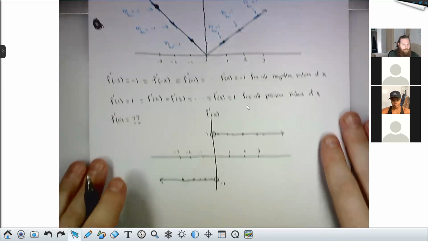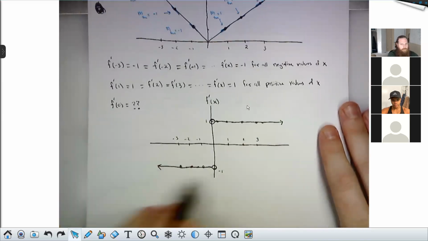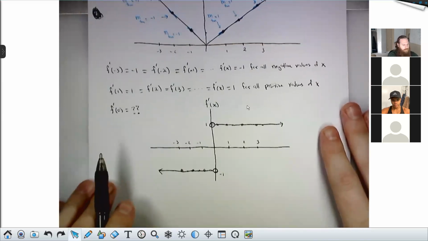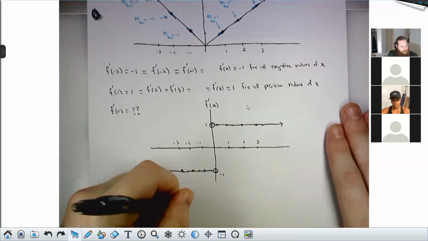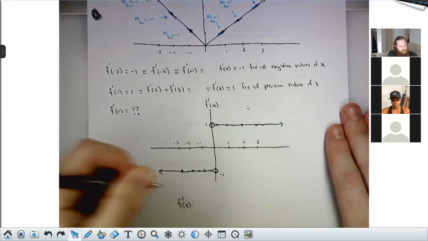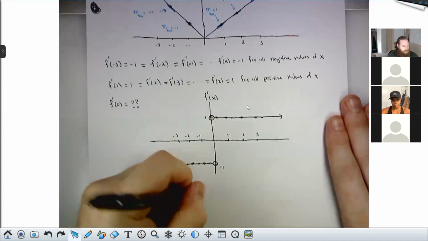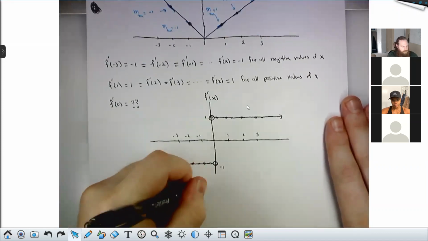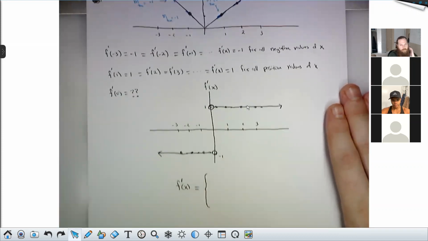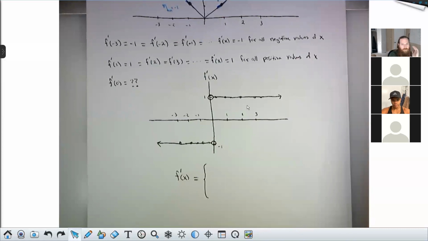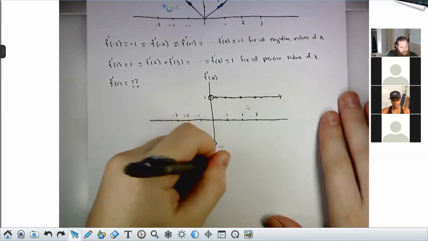But first, can we write down a formula for this derivative? Can we use the piecewise function notation to write a formula for the function f prime of x that's graphed right here? What does this look like to you guys? Y equals -1 for all x values less than 0.